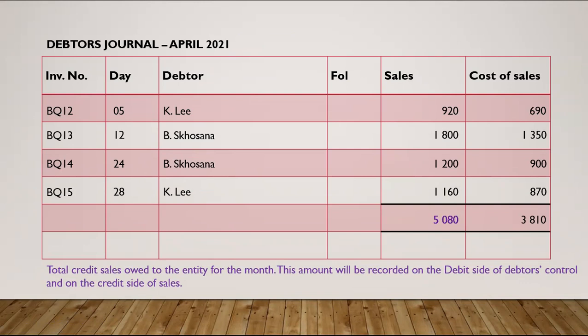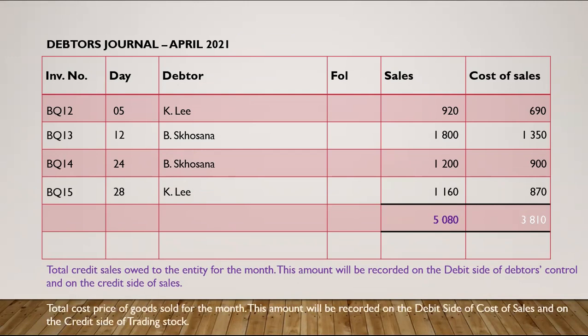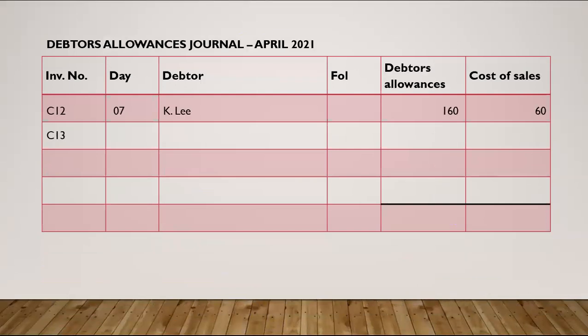That 3,810, you will record on the debit side of cost of sales and the credit side of trading stock.